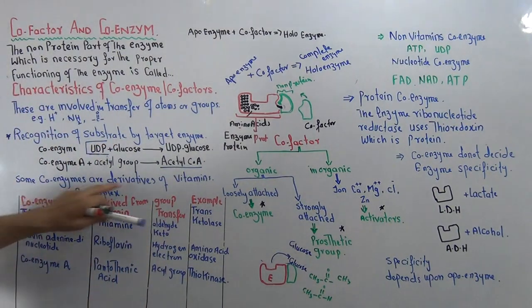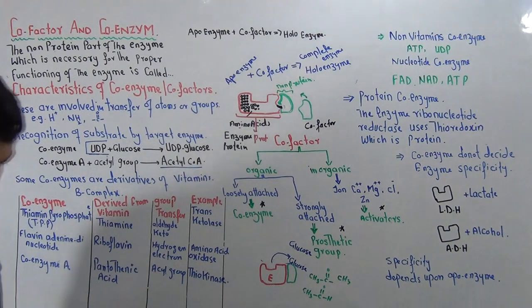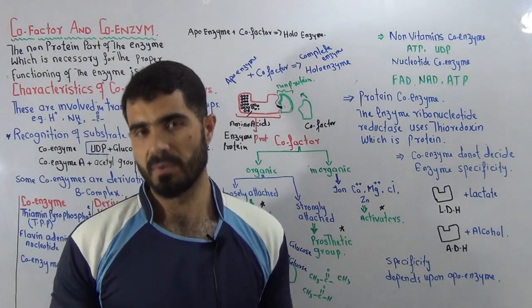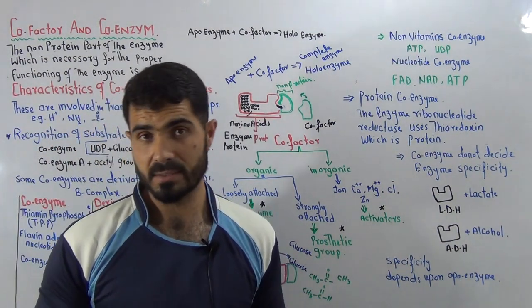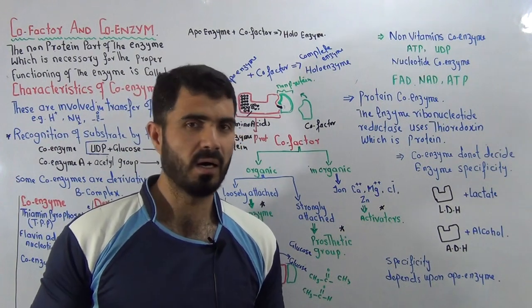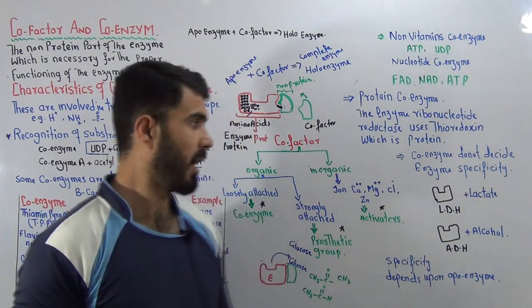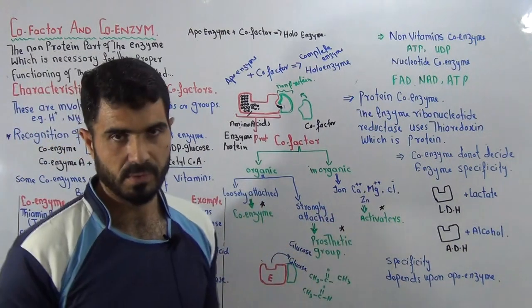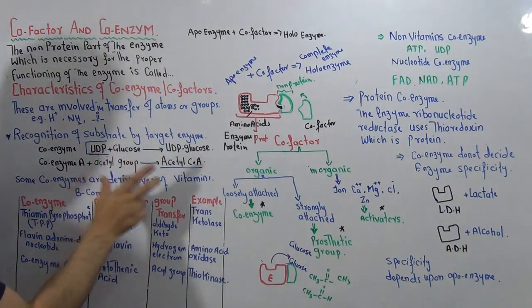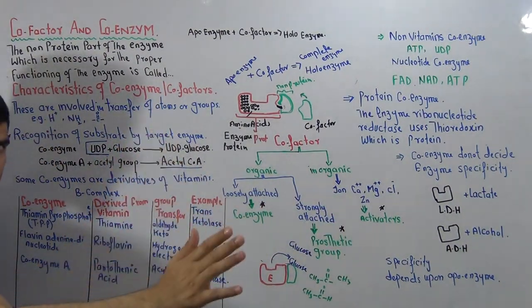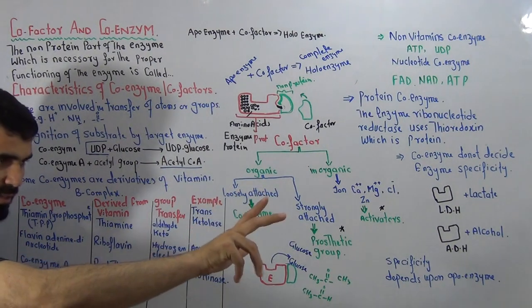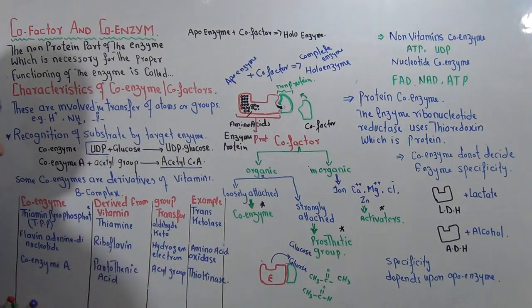Third, some coenzymes are derivatives of vitamins. We have not yet discussed the chapter on vitamins in the last 2 years, but in this year, inshallah, we will start vitamins. Here, not all vitamins, but some vitamins, especially the B complex.